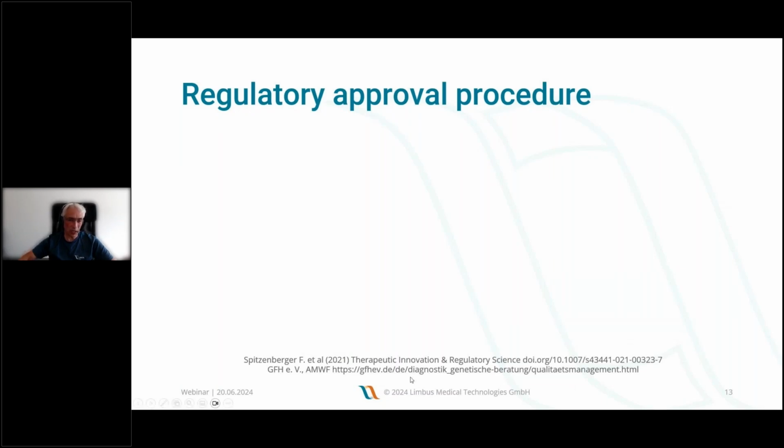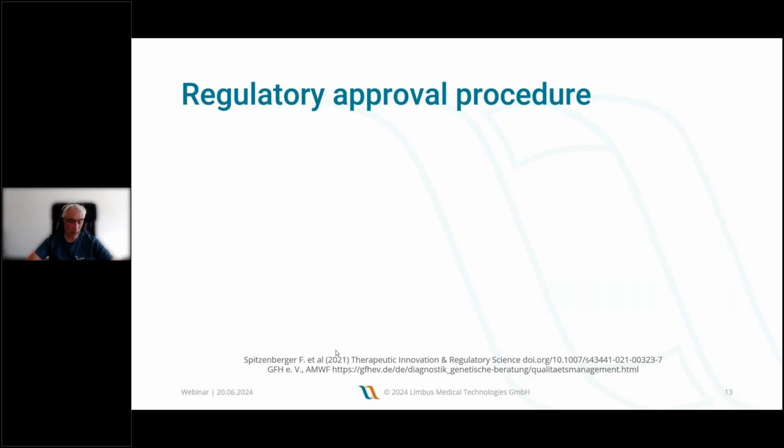At the bottom of the slide, I'm referencing a publication from Spitzenberger from 2021. This is a really useful, very specific publication that also provides templates that can be used in a regulatory approval procedure for in-house tests.